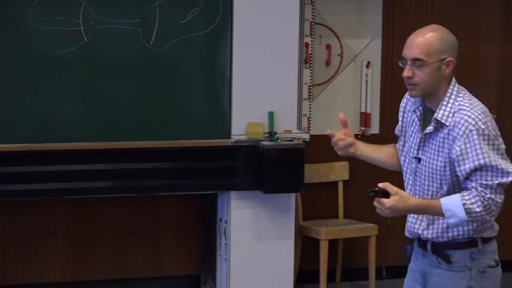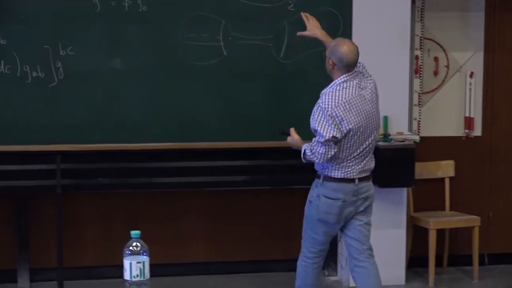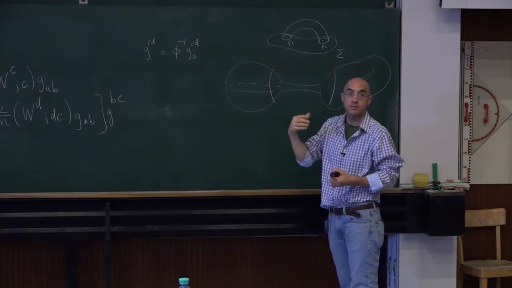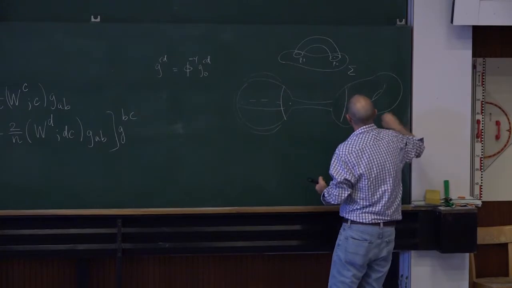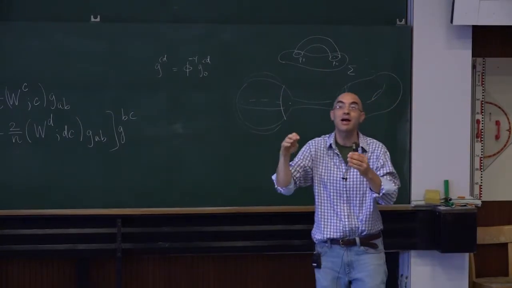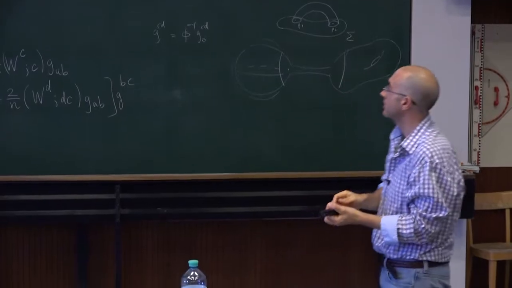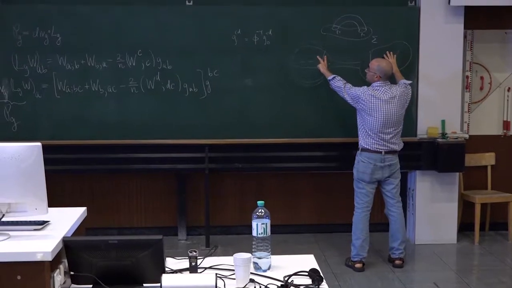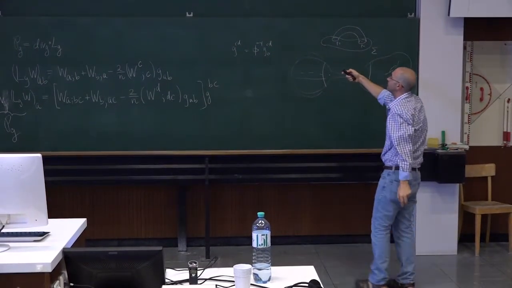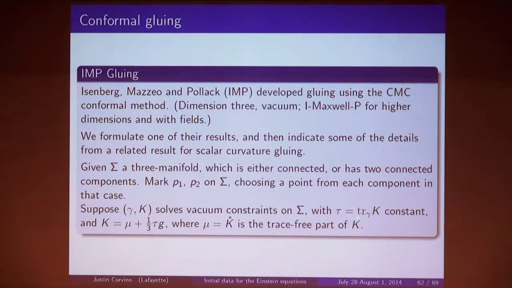And say that the corresponding manifold you get with the surgery admits a solution of the constraints. And the idea is that at least away from the gluing region, the solution should resemble the original. Maybe not be equal on the nose, but be close. All right, so if you have a solution of the constraints, gamma and k, on the disjoint union of 2 or on the one piece, that is a solution of the vacuum constraints. Tau is a constant, which means the second fundamental form can be decomposed into trace-free part and trace part.